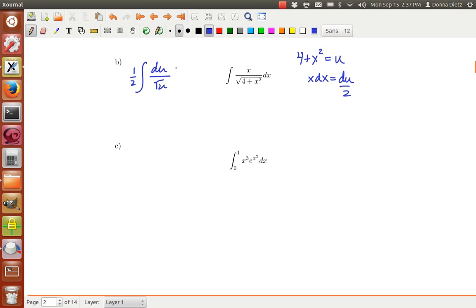And then I would really rather have u to the minus 1/2 du, and so on and so forth. What you end up with is u to the 1/2 plus c, which becomes the square root that we had already.